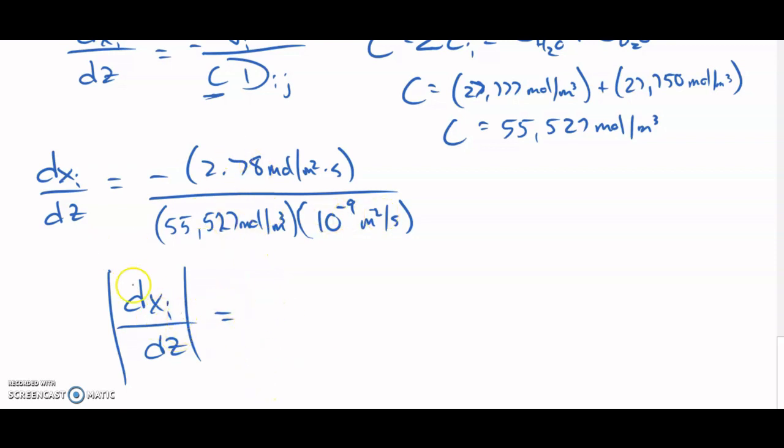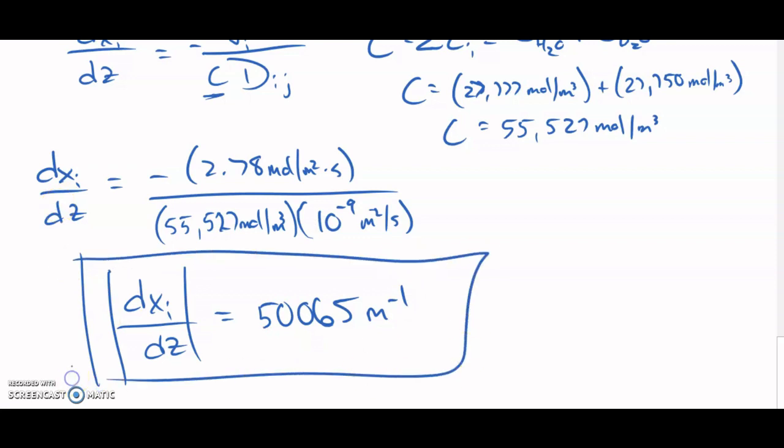So the absolute value of the maximum driving force is 50065 meters to the negative 1. That's our max driving force corresponding to our max molar diffusion flux.